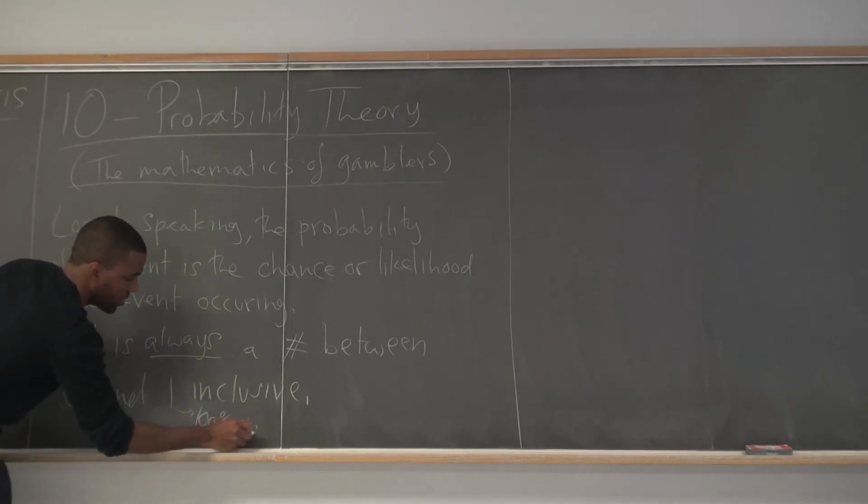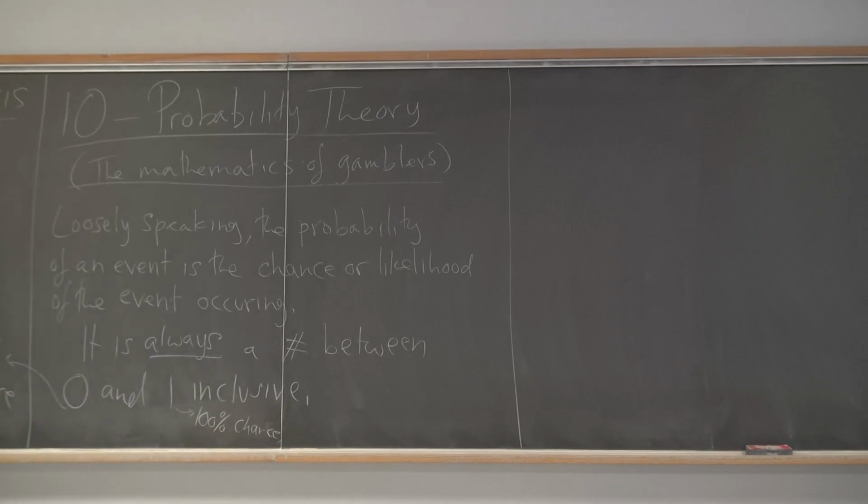Certainty. Of course, figuring out 100% certainty is very difficult in real life. You'll never actually get it, but in theory, you can get 100%. But it's always going to be between 0 and 1. There's either no chance, or if something is certain, it's 1, right? You can never have a probability outside of this range.